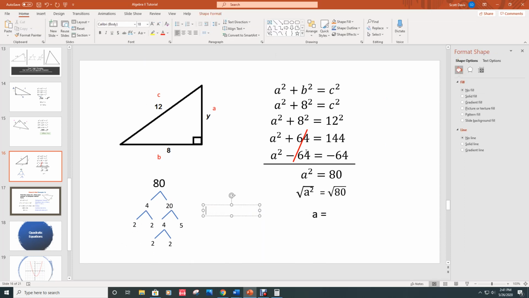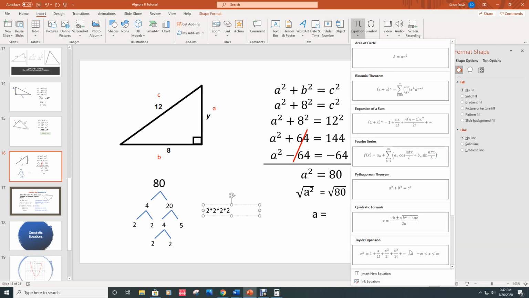So we have 2 times 2 times 2 times 2. There's 4 2's that were all perfect square roots. Now 5 did not have a perfect square root, so that 5 is going to have a square root drawn around it because we didn't pull that down and make it into a perfect square.